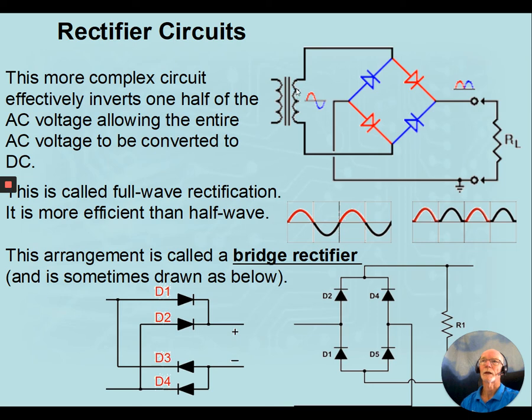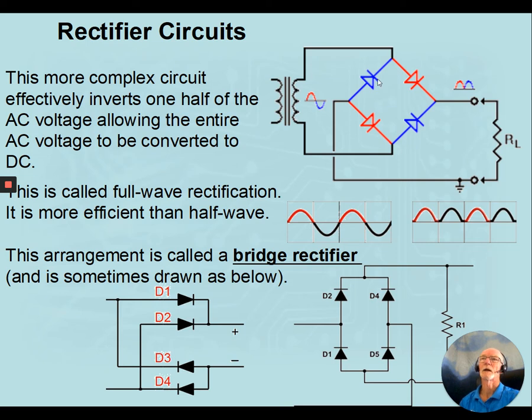to our secondary of our transformer. In the second half cycle, when the voltage is going negative, current now will flow this way and through this diode. It can't go back through that one, so it'll flow through the circuit in the same direction as the other half cycle and back through this diode, so we have a constant flow of current in this direction for the second half cycle.